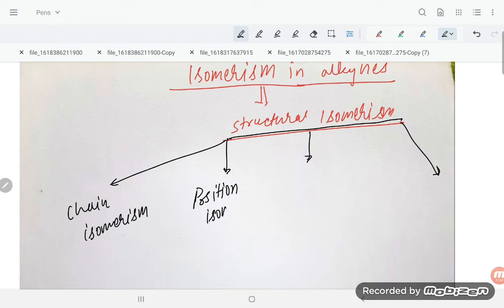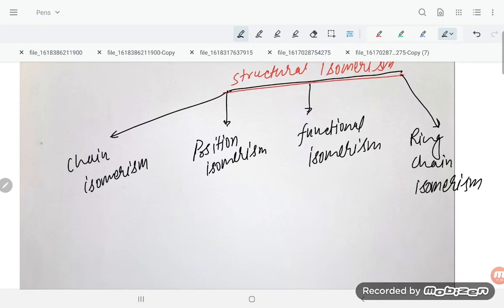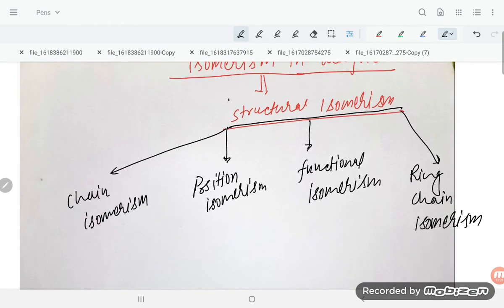The last one is functional isomerism, and ring chain isomerism. Okay, dear students, let us try to understand this topic.